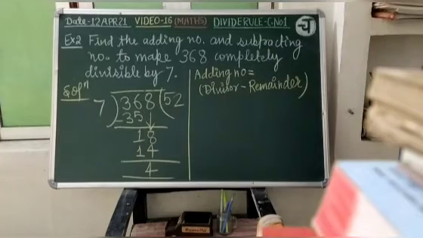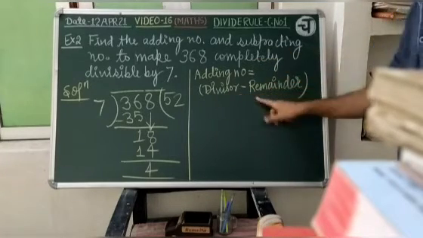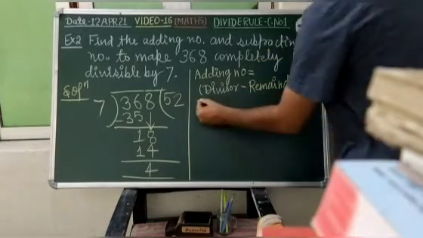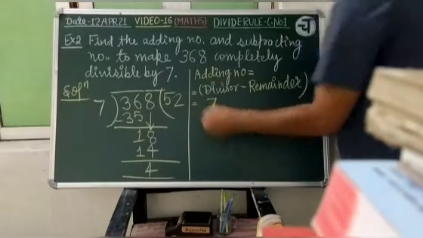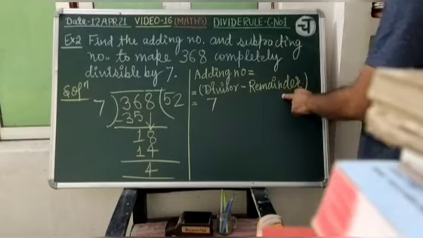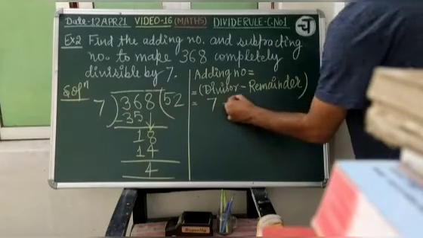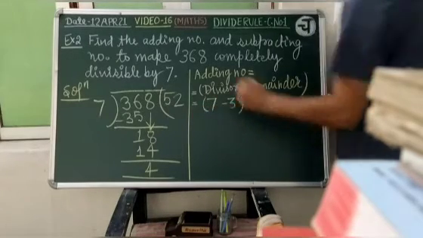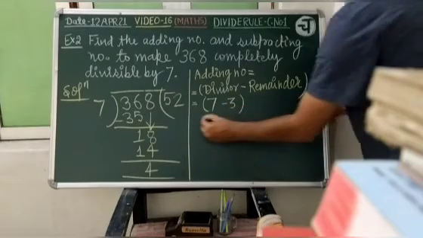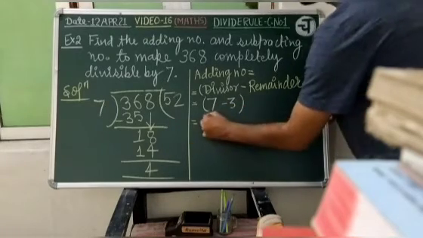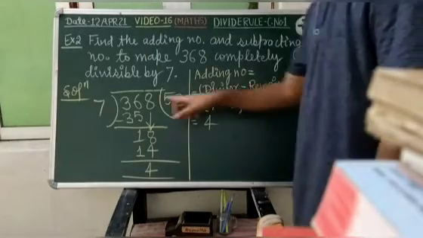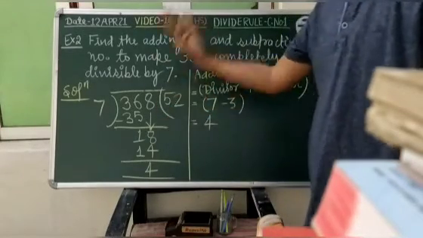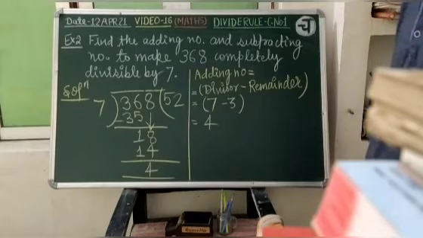I have told you that adding number will be divisor minus remainder. Divisor is your 7 and remainder is your 3. So 7 minus 3 is your 4. So if you add 4 to it, it will become completely divisible.